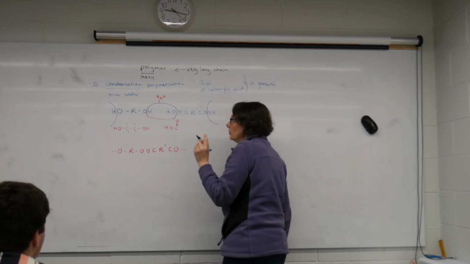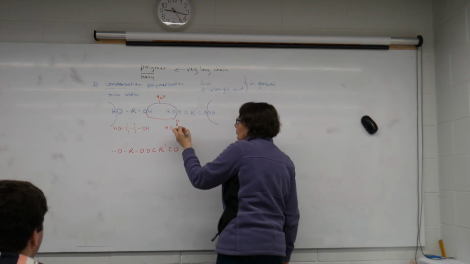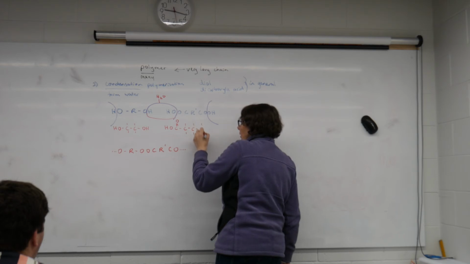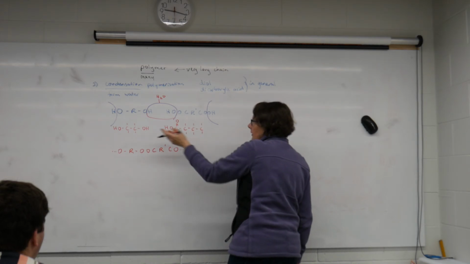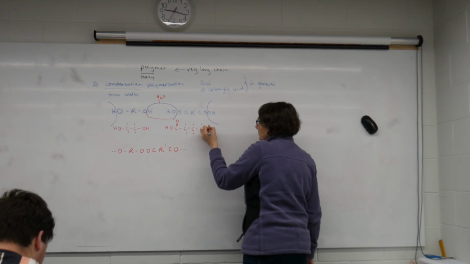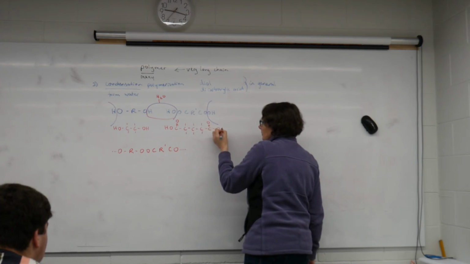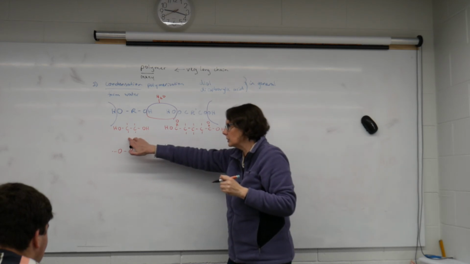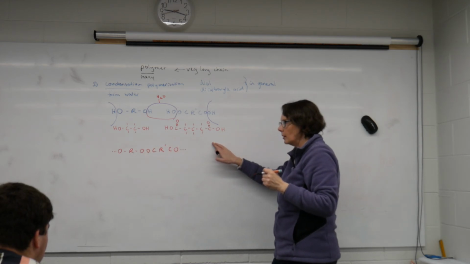I'm just going to move this carbonyl group up so that it's a little bit clearer what's happening. And I'm going to make this chain a little bit longer so that we can differentiate it from that chain there. Hopefully they look more like that, clearly a diol, and this is clearly a dicarboxylic acid.